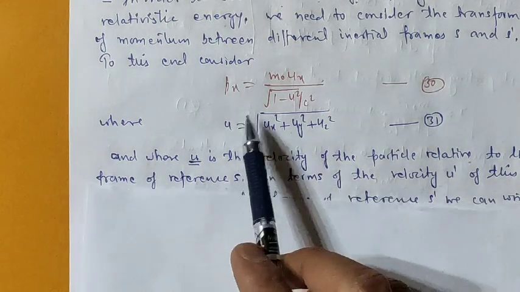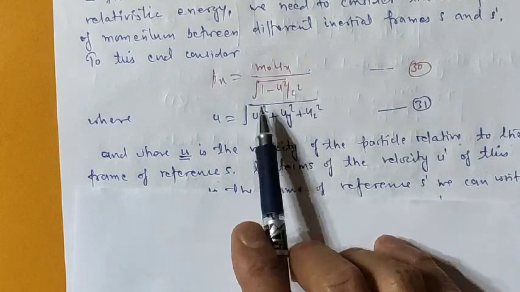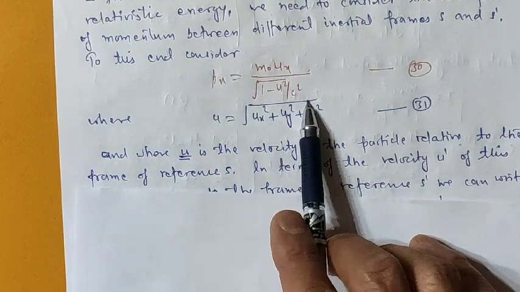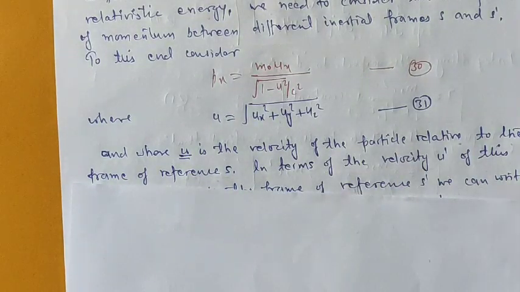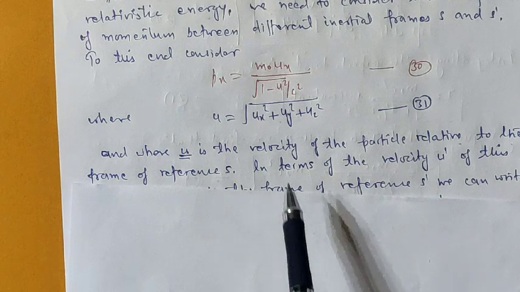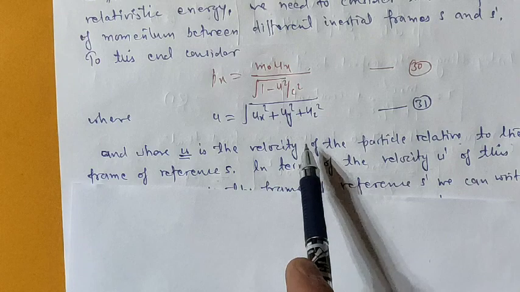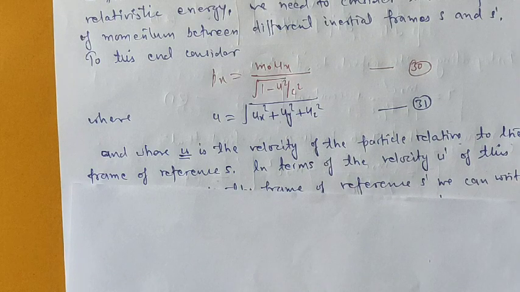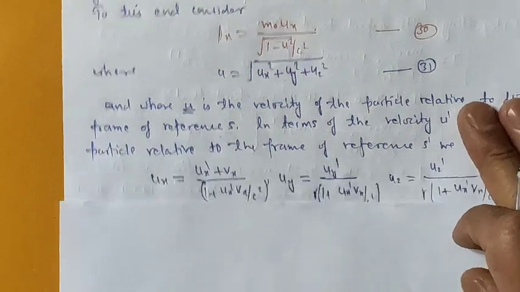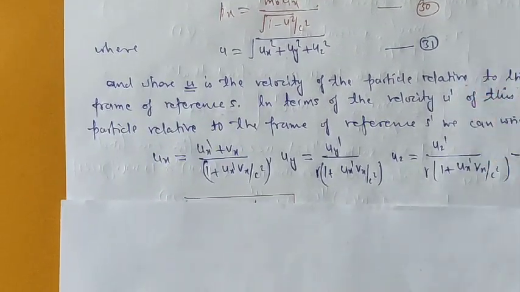So px is equal to m naught ux divided by root of 1 minus u square divided by c square, where u square is ux square plus uy square plus uz square, and u is the velocity of the particle relative to the frame of reference S, in terms of the velocity u prime of this particle relative to the frame of reference S prime.